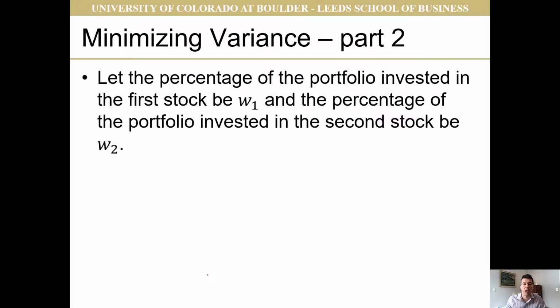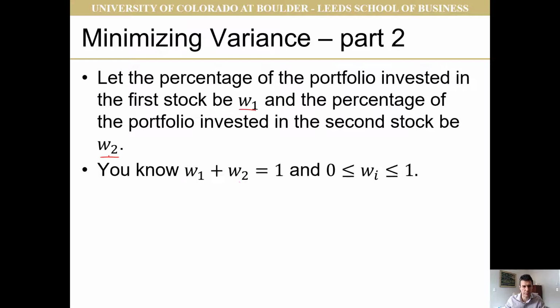Okay, so we're going to go through how to minimize the variance using calculus. So we let the percentage of the portfolio invested in the first stock be W1, and the percentage of the portfolio invested in the second stock, W2. And we know W1 plus W2 equals 1, namely the weights add up to 1, and 0 is less than or equal to Wi is less than or equal to 1.